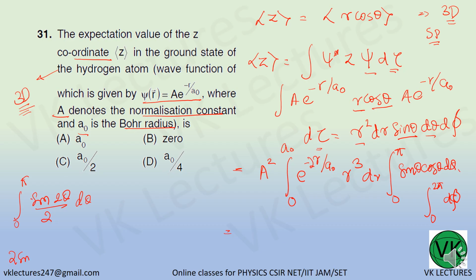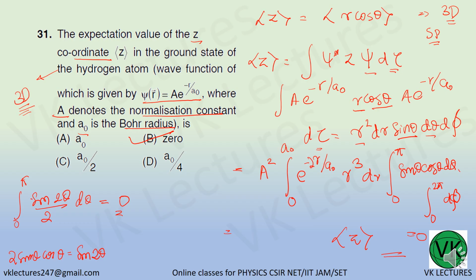Now this integral is nothing but 0, because sin 2 theta, with theta varying from 0 to pi, means 2 theta varies from 0 to 2 pi. That will become 0. So the entire integral becomes 0, which means expectation z is 0. So the expectation value of z is 0.